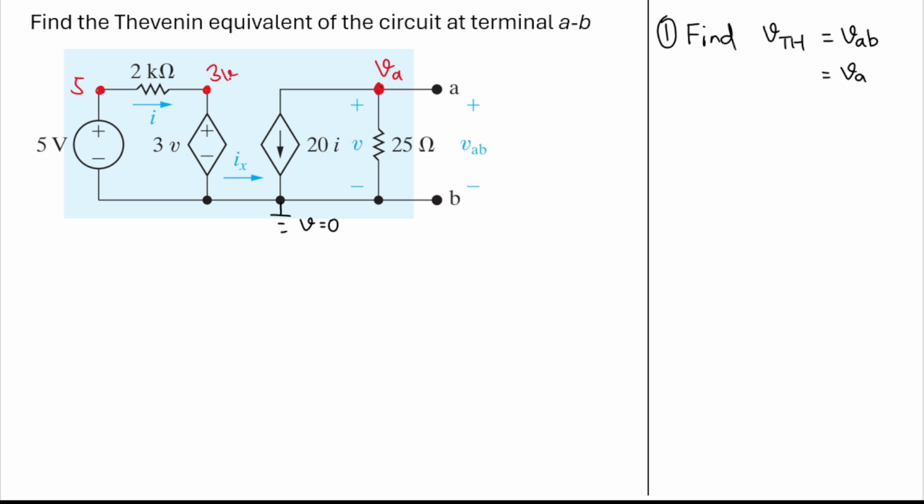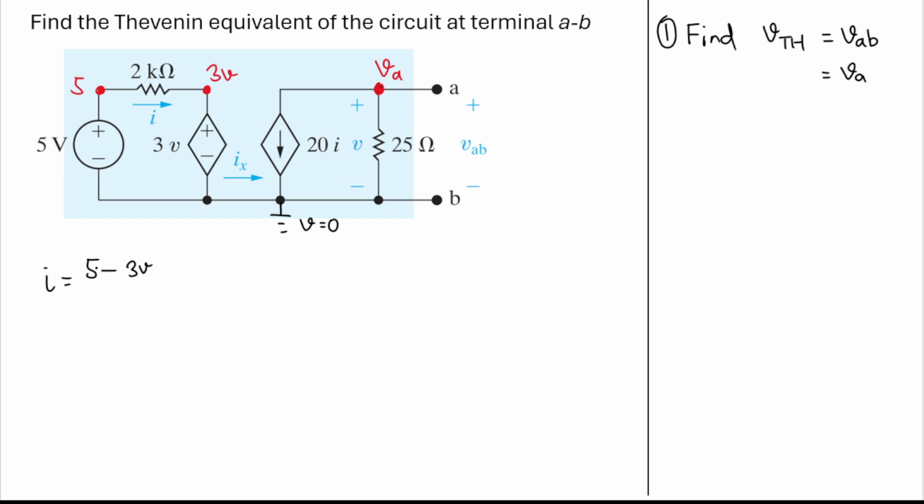Good. But then we can calculate I from here using Ohm's law. What is I? So we will have I there. I is equal to 5 minus 3V, because the current comes from the node 5 and then goes to node 3V, right?